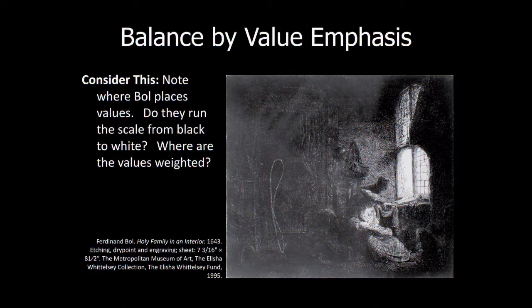And if you look at this work here, Ferdinand Boll, Holy Family in an Interior, 1643. This work is an etching, dry point and engraving. So it's a type of printmaking. You can tell that it is etching just from the quality of the surface.